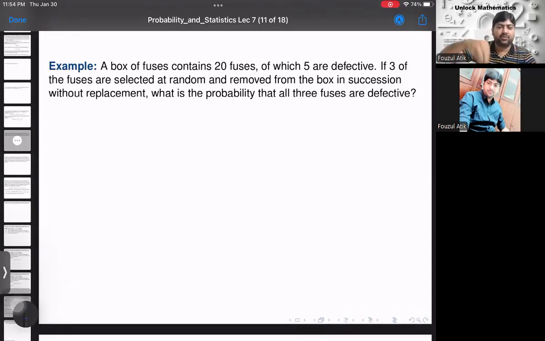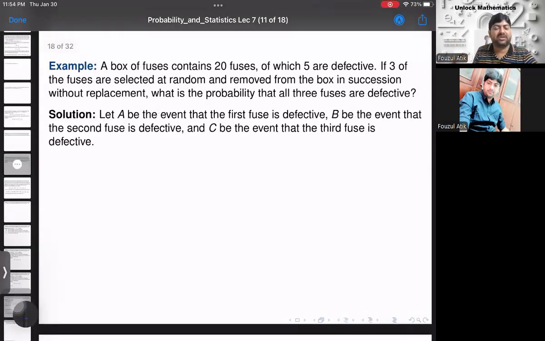So first you will take one fuse and keep it aside. You will take another fuse, keep it somewhere, and take another fuse, keep it somewhere. Now you have to find the probability that all 3 fuses are defective. So again, let us denote each of the events by some name.